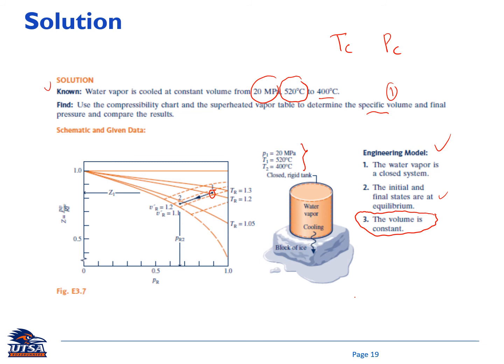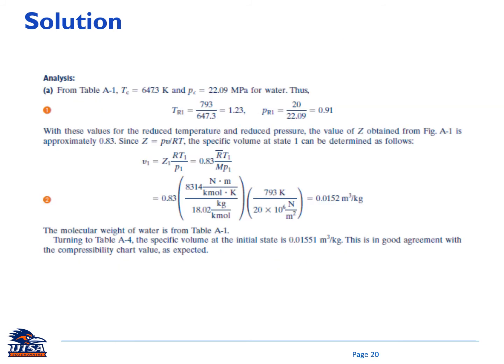And then state number 2, what is known here is the temperature. And the volume stays the same there, so the specific volume stays the same. So in here I have PR1, and then from the compressibility factor formula I have that Z equal to PV divided by RT.